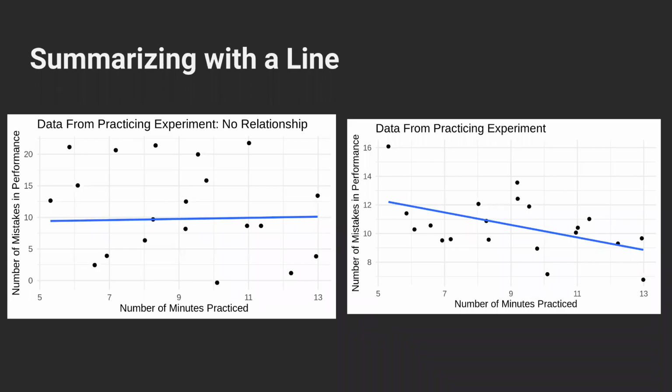If we summarize things with essentially the arithmetic mean in 2 dimensions, as the number of minutes practice increases, the mistakes decrease. This contrasts with the situation on the left, H naught, where as number of minutes practiced increases, the number of mistakes doesn't increase or decrease.